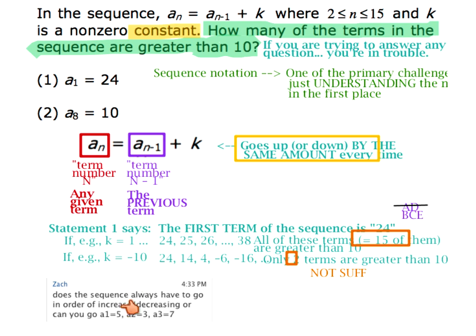So in your example here, the problem is that if A1 is 5, if you go from 5 to 3, then this would imply that K is -2 because you are going down by 2. Those two terms would need K to be -2. And then the problem, though, is that your next two terms would require K to be +4. So in this particular problem, this is not something that can happen because you need to be going up or down by a constant.